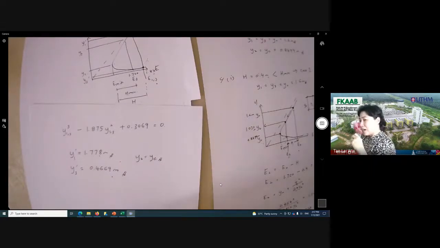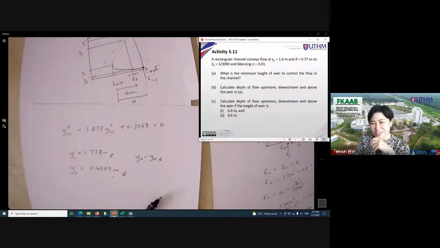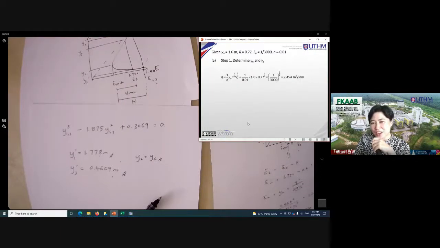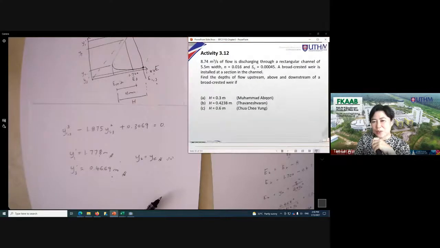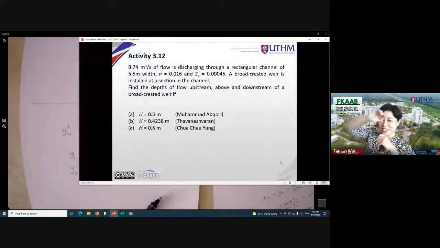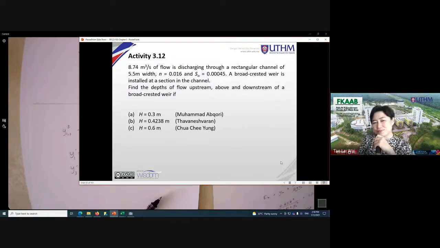Now, for next class, I want help from you guys to solve activity 3.12. Is Upcory there? Upcory ada tak? Ada doktor. Tugas Upcory ialah tunjukkan macam mana kita selesaikan bahagian pertama. Boleh?